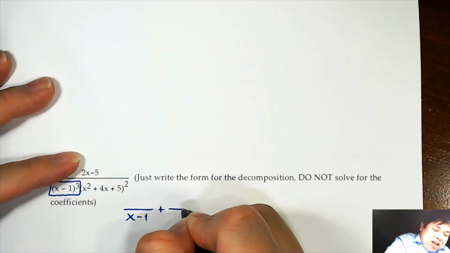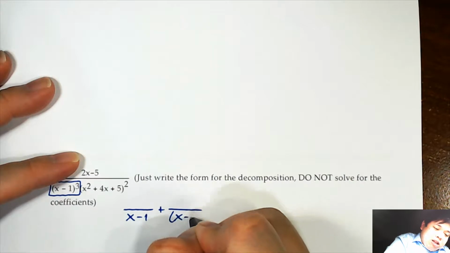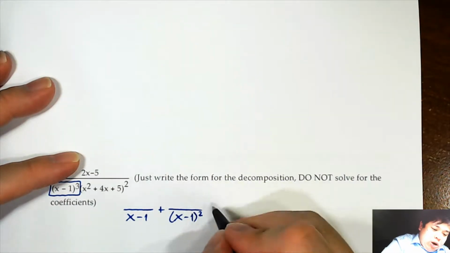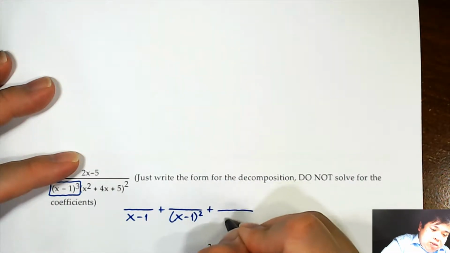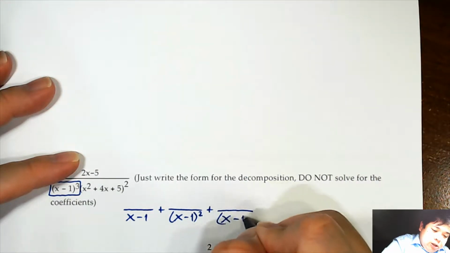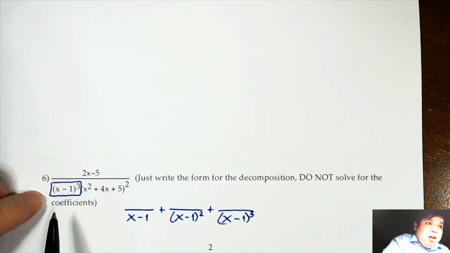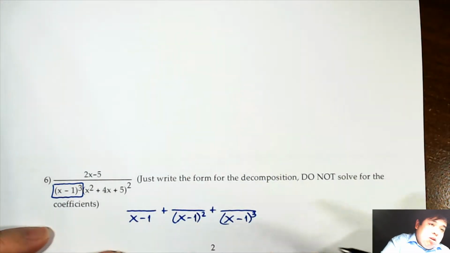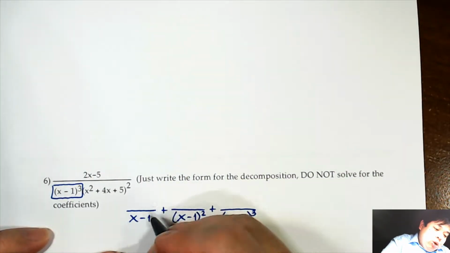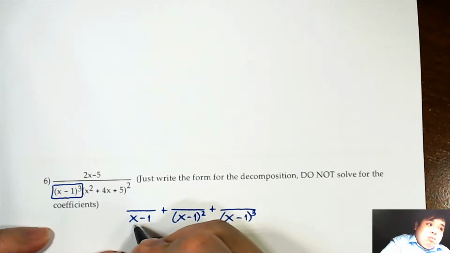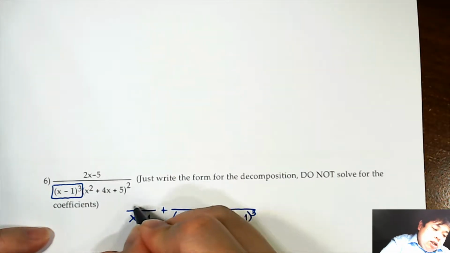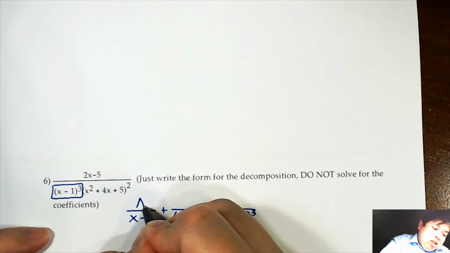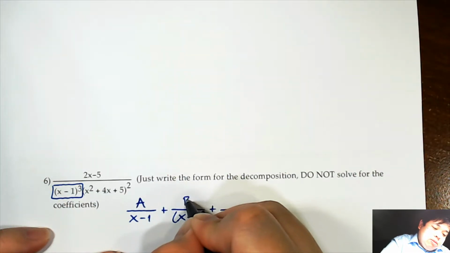I mean, not exactly like that, but x minus 1, (x minus 1) squared, and (x minus 1) cubed. That's just for the (x minus 1) cubed. Right, the degree of the polynomial on the top will be less than the bottom. The bottom degree is 1, so the top we can only have degree 0, which means a constant.